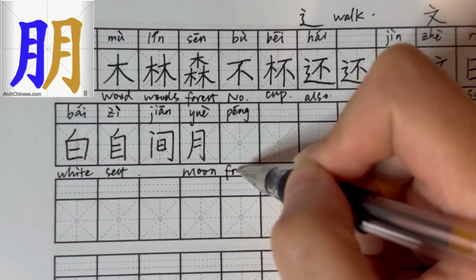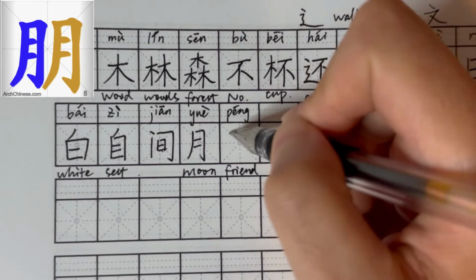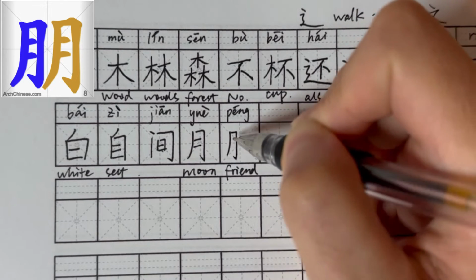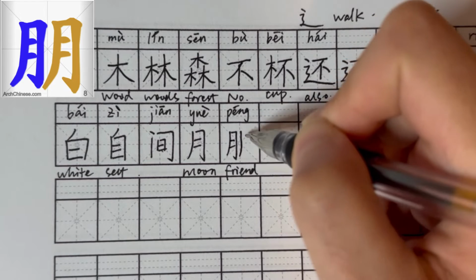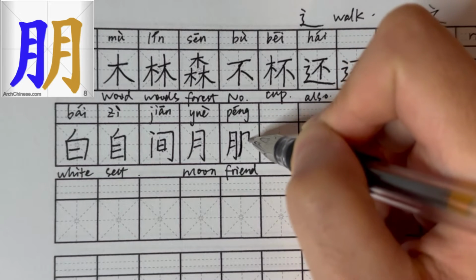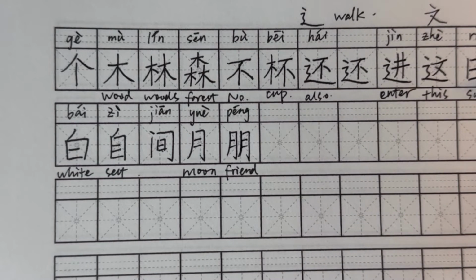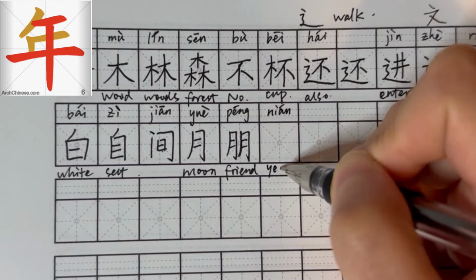It means friend, 朋. Two 月s holding hands side by side. Friends. 撇, 横折钩, 横, 撇, 横折钩, 横.